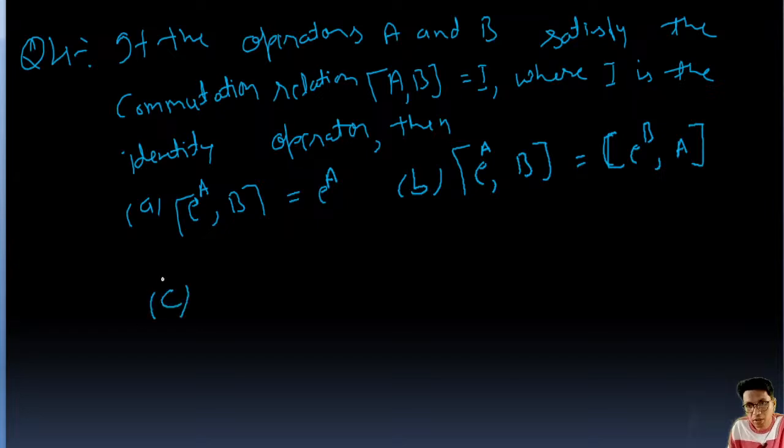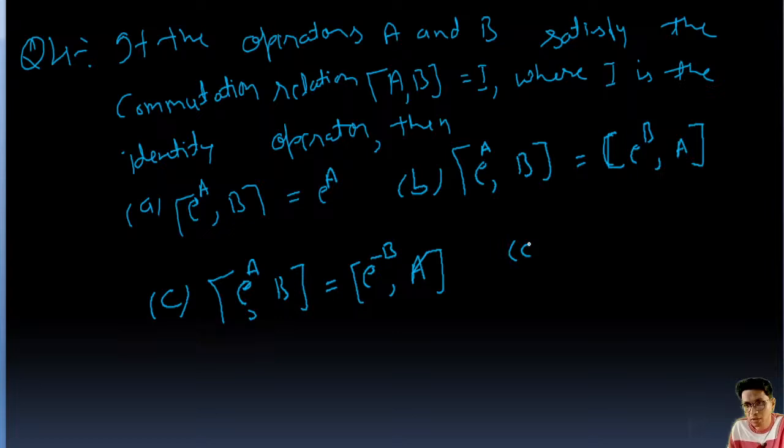Option C, [e^A, B] is going to be e^(-B) [e^(-B), A]. And option D, [e^A, B] is going to be [e^B, I]. Okay, so this is the question.